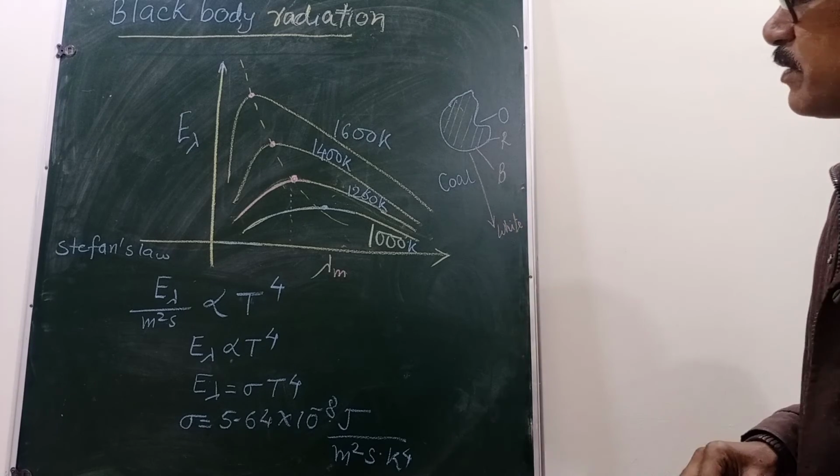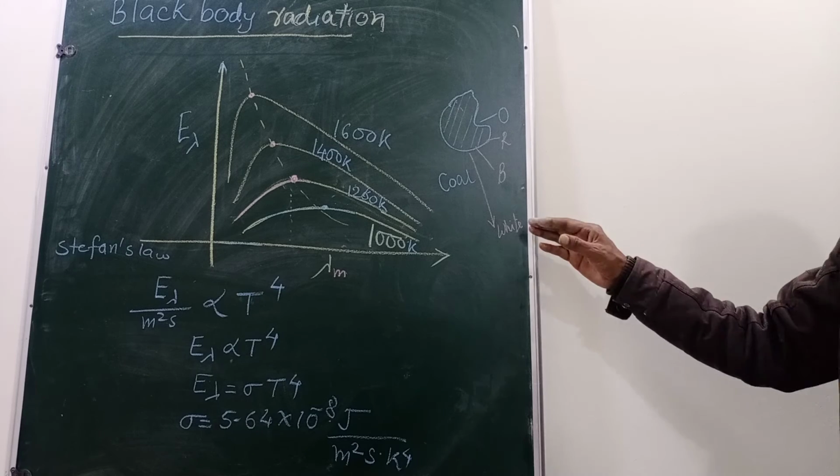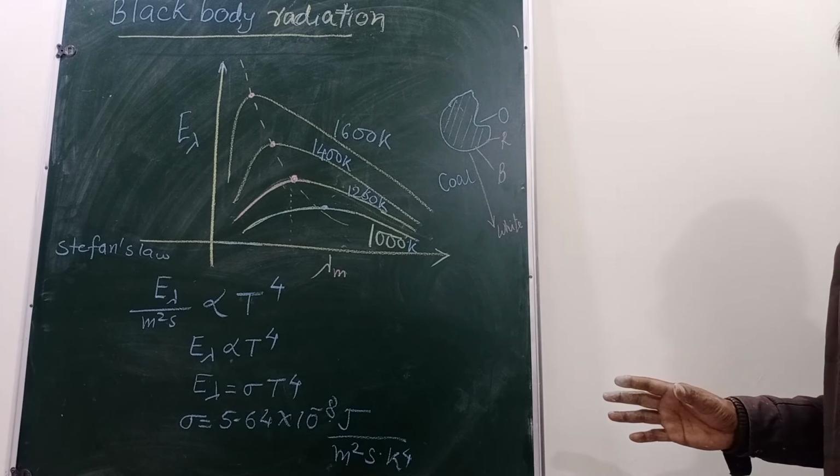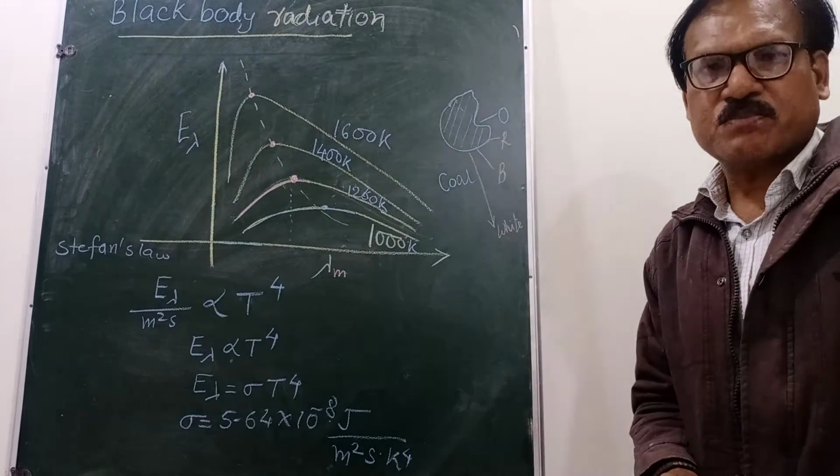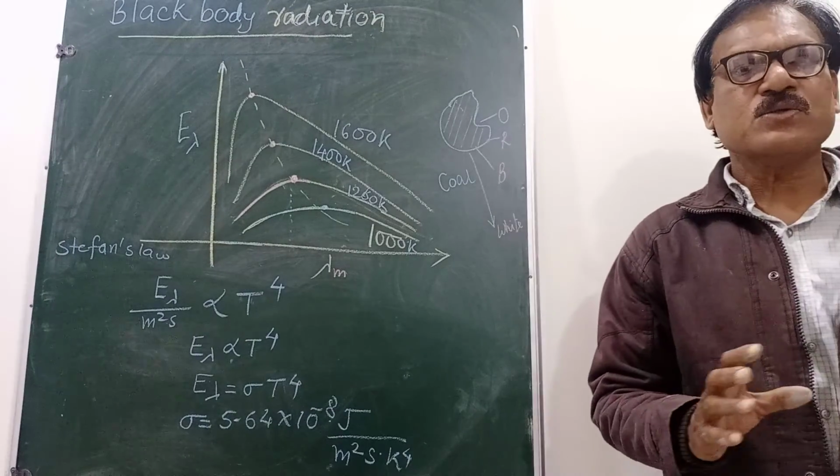This particular experiment shows that at high temperature it emits all the radiation, but at low temperature or at the beginning it appears black. Sun is also a black body.